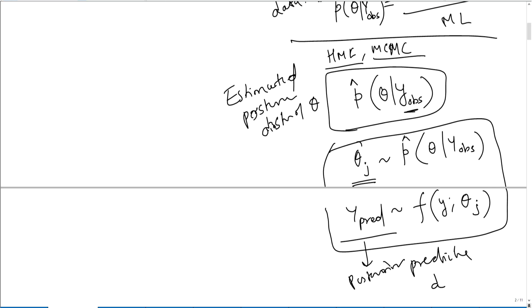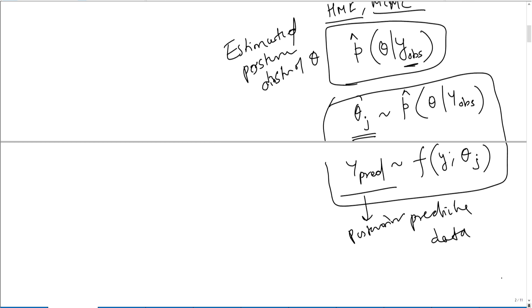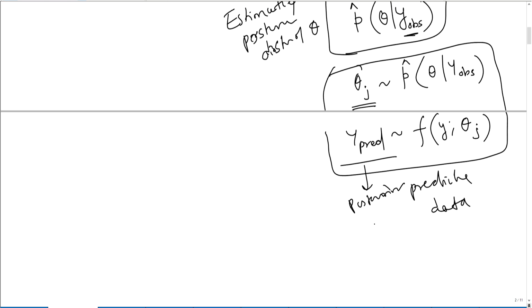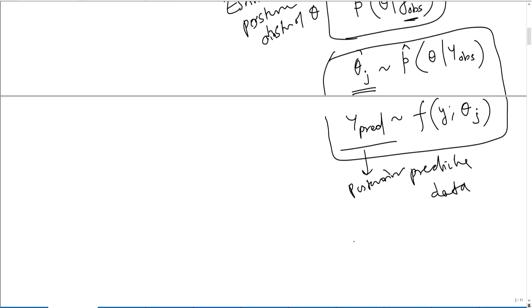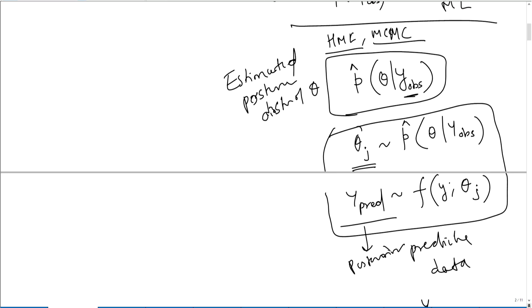Now what you can do is compare this posterior predictive data against the actual observed data that you used to estimate the posterior distribution. y-obs was the data that we used to estimate the posterior.